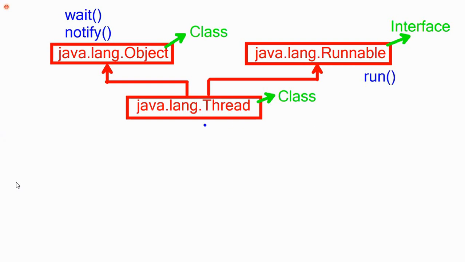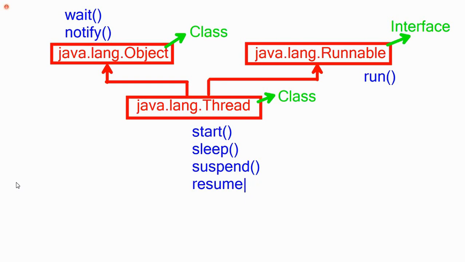The remaining methods are here: start method, sleep method, suspend method, resume method, and the run method overridden, and destroy method.